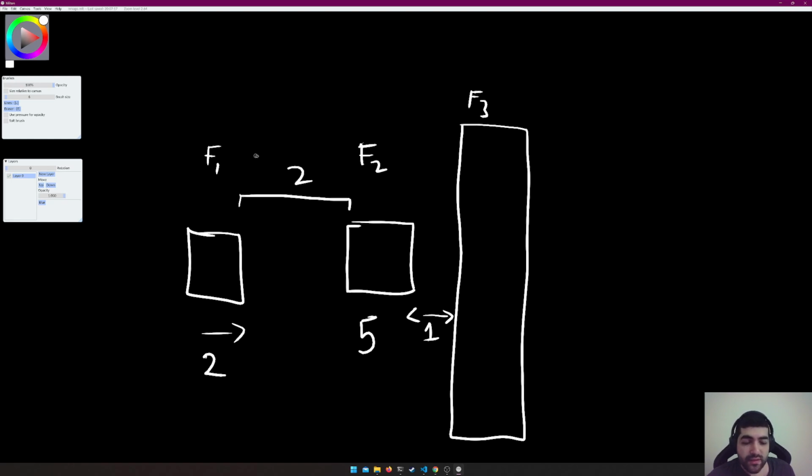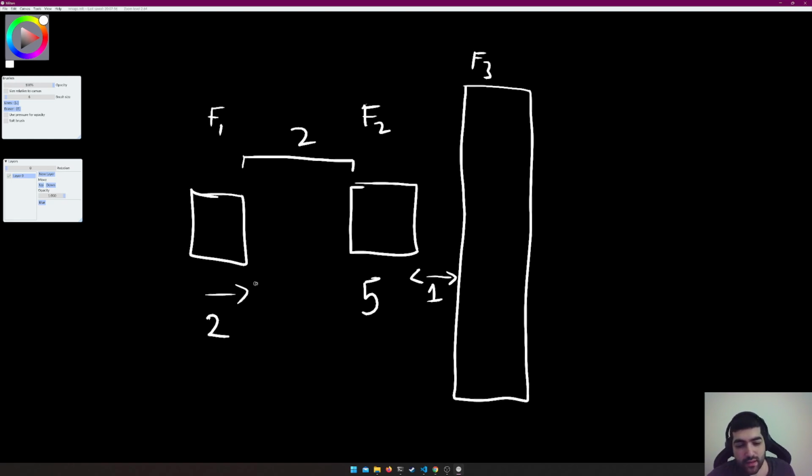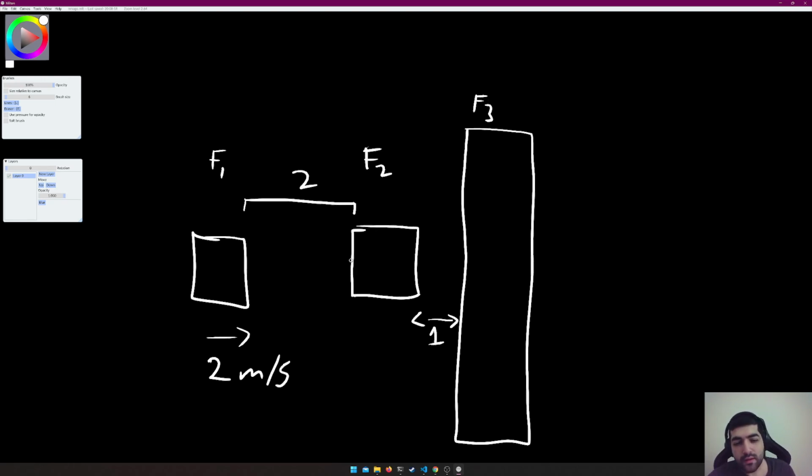Now, the problem in games is, if I say I want my object to be moving at 2 units per second, that means from frame to frame I'm expecting that every frame I'm moving the correct amount. The issue is frames are not constant. While time passes at a constant rate in the real world, that does not happen in games.